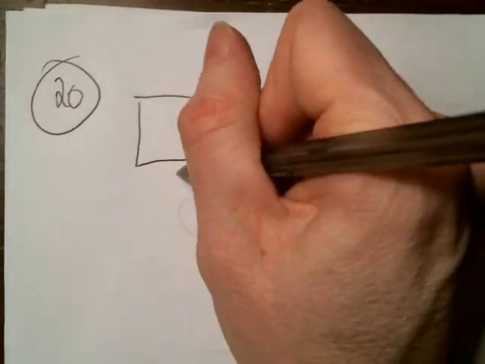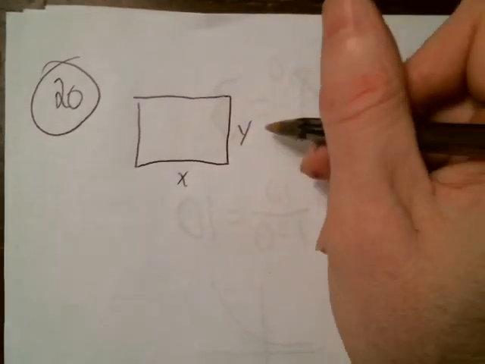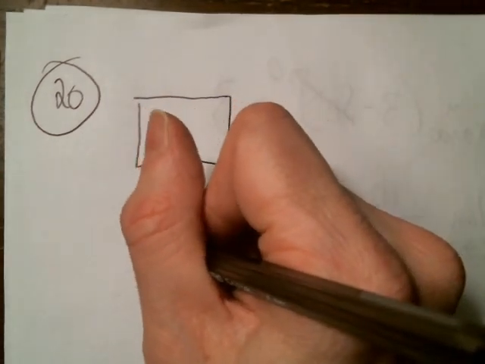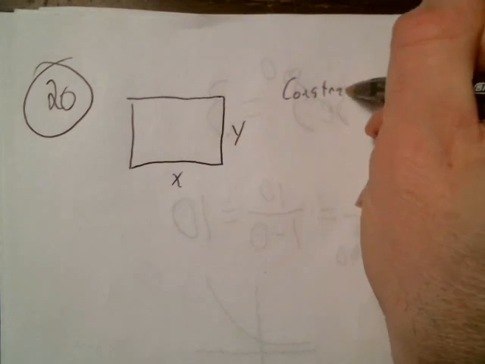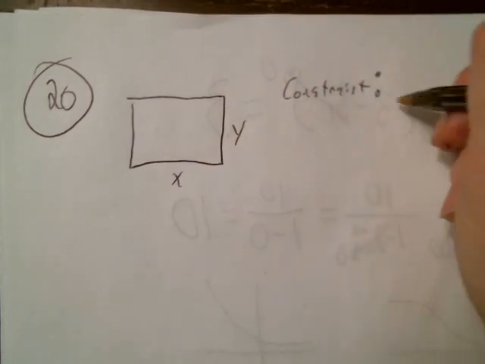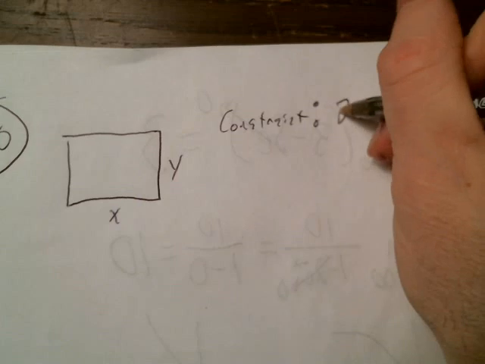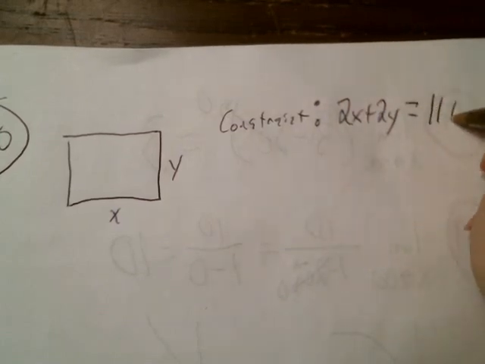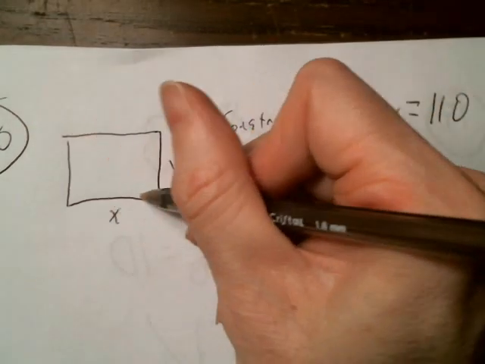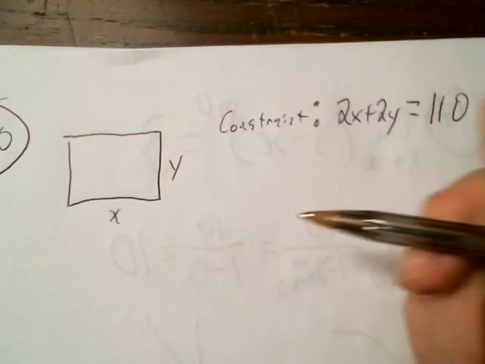It's a rectangle with sides x and y. The perimeter is 110, so that's our constraint equation: 2x plus 2y, from basic geometry, equals 110. That's the walking distance around the rectangle.